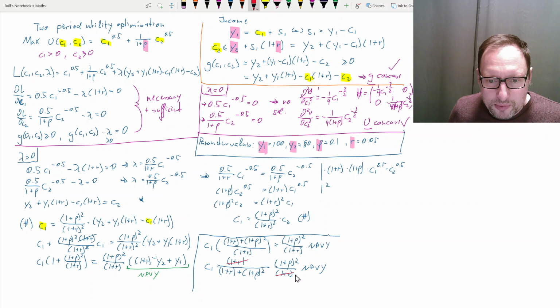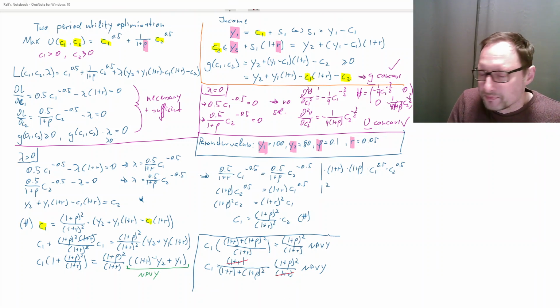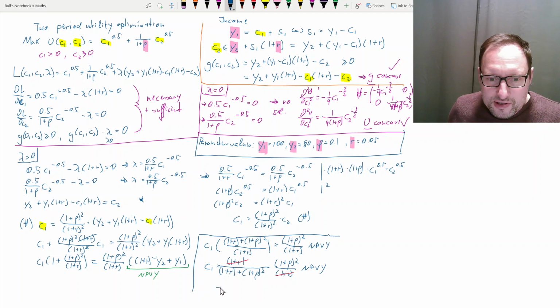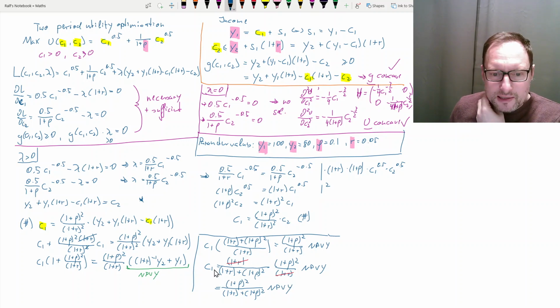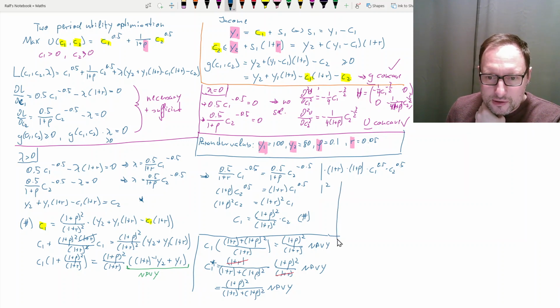See, (1+r) and (1+r) here cancel out, such that on this side we are left with (1+ρ)² divided by (1+r) plus (1+ρ)² times the net present value of the income. So that is our optimal C1. Let me put an asterisk here to indicate that that is the optimal C1.